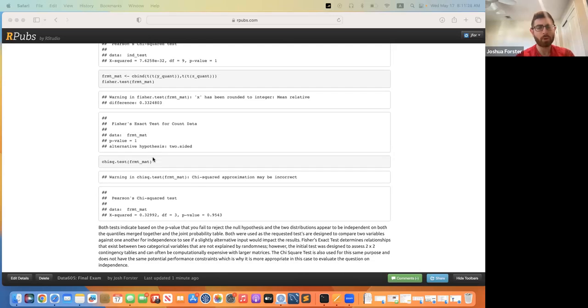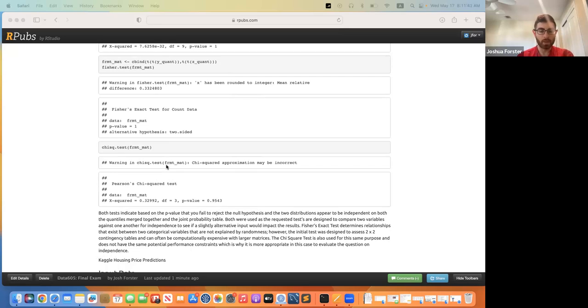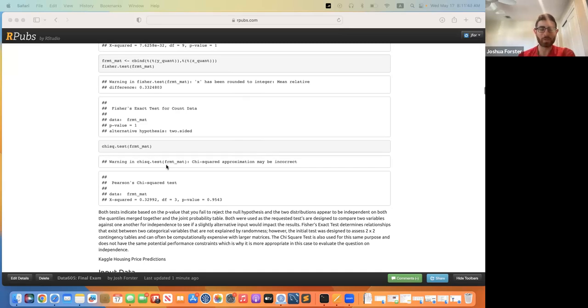Reading more about Fisher's exact test, it was initially designed for 2x2 matrices, which is why I thought it was less appropriate. Some resources also said it can be very computationally expensive for larger matrices, so I think the chi-square test is more appropriate.